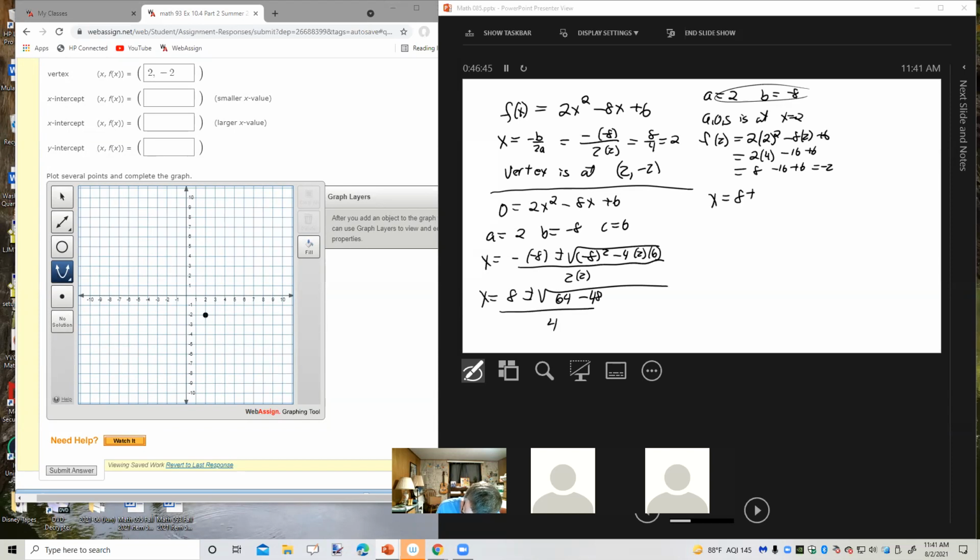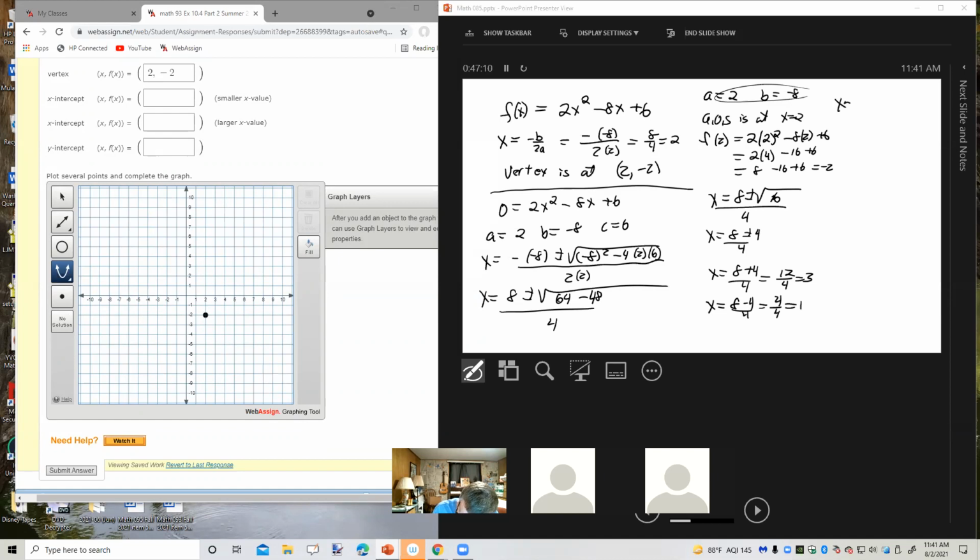X equals 8 plus or minus the square root of 16 all over 4. X equals 8 plus or minus 4 over 4. So x equals 8 plus 4 over 4, which is 12 over 4, which is 3. X equals 8 minus 4 over 4, which is 4 over 4, which is 1.